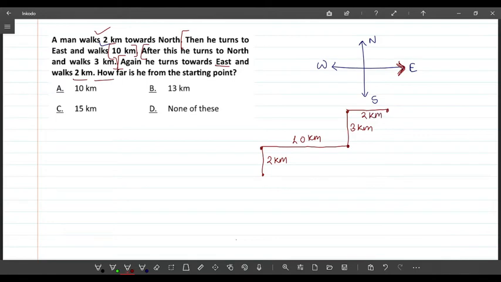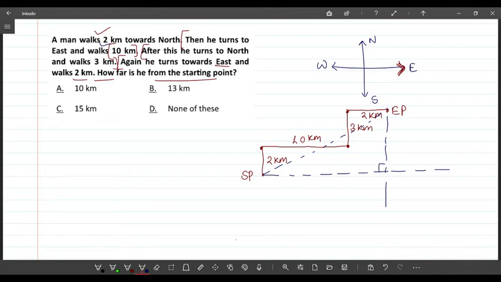Finally you're asked how far he is from his starting point. This clearly is the end point, this clearly was the starting point, and you're asked the distance between the starting point and the end point. If I draw a line somewhat like this, and another line perpendicular to this, it creates a right angle triangle.